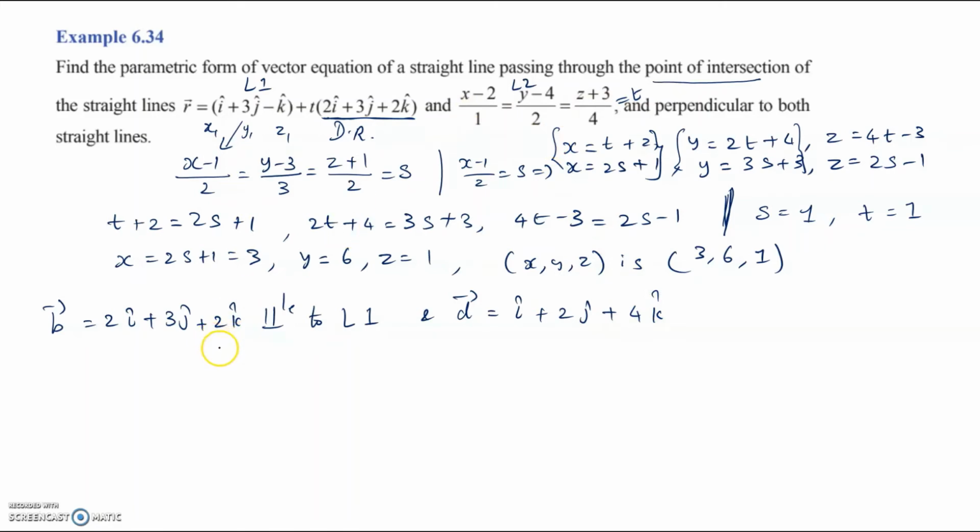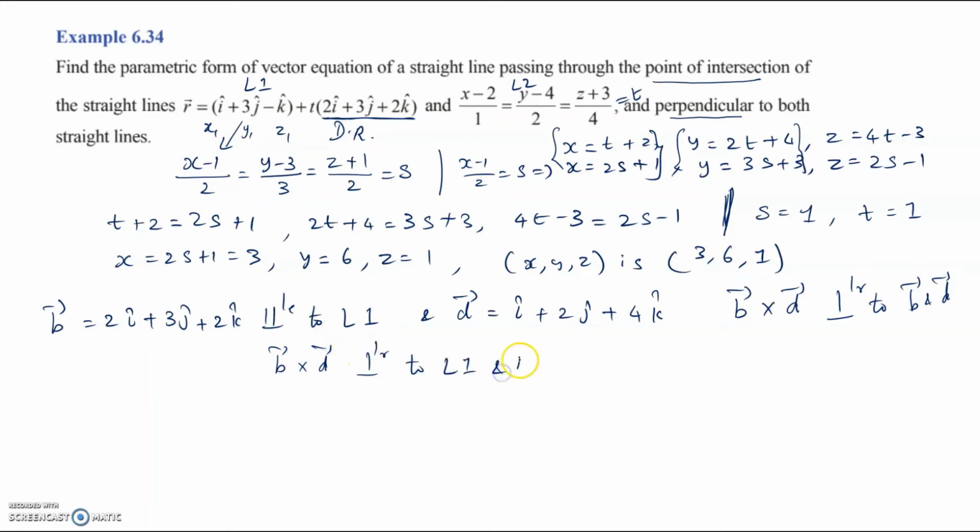Okay, now we have found these two vectors which are parallel to L1 and L2, but we need the line which is perpendicular. We know that B cross product with D will be perpendicular to both B and D, right? So if B cross D is perpendicular to both B and D, then B cross D will be perpendicular to line 1 and line 2.